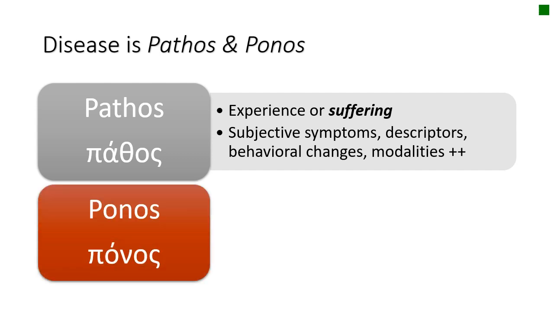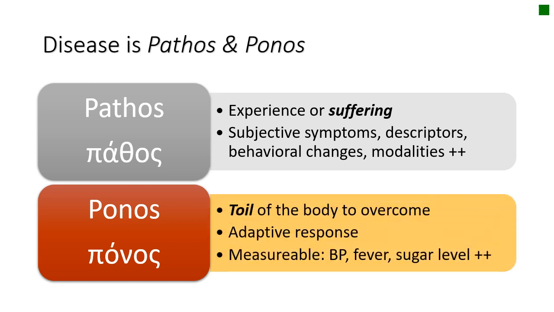The second important word that we must understand if we are talking about pathos is the word ponos. Ponos is a Greek word which describes the toil of the body or the amount of effort that the body or the life force has to do to overcome a particular disease. As all of us understand, a disease is really an adaptive response.